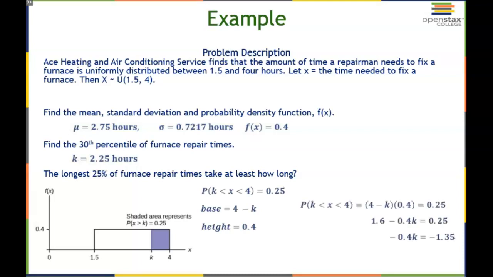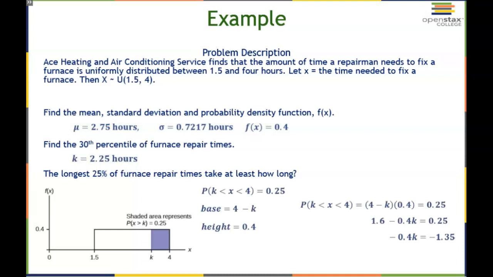Let's multiply our base and height together. 4 minus k times 0.4 is going to equal the probability we're looking for of 0.25. Distribute through, we get 1.6 minus 0.4k equals 0.25. Subtract 1.6 from both sides, we get negative 0.4k equals negative 1.35.